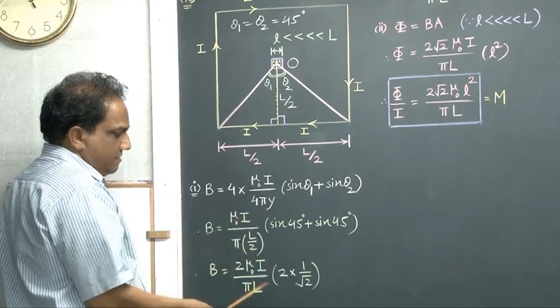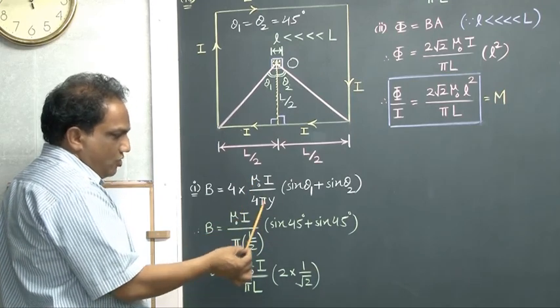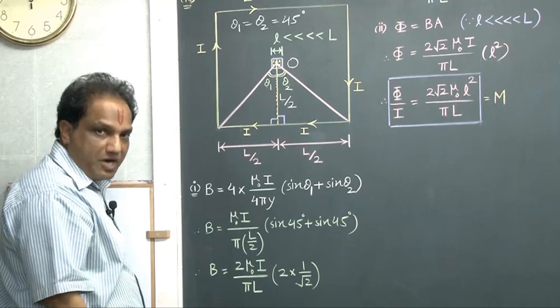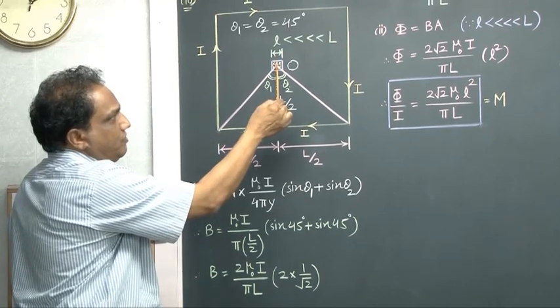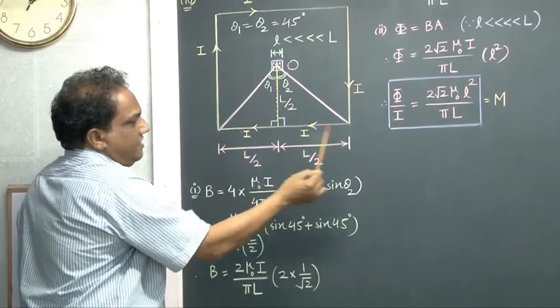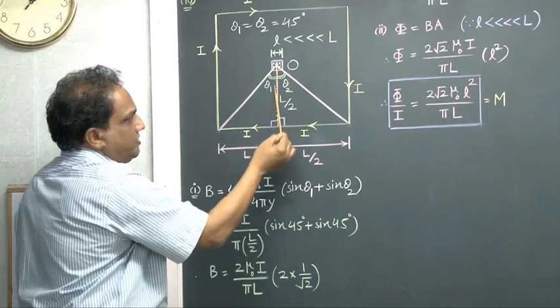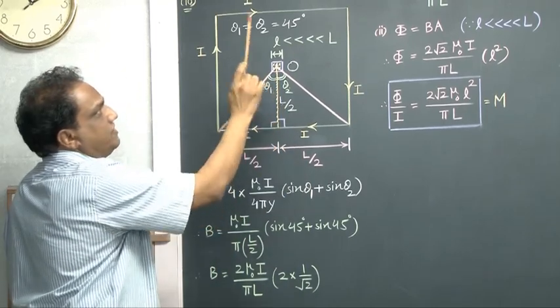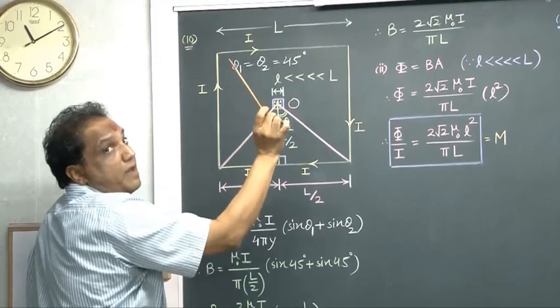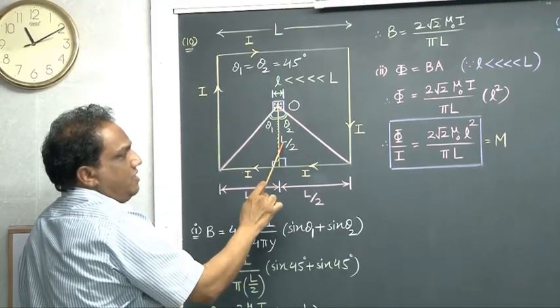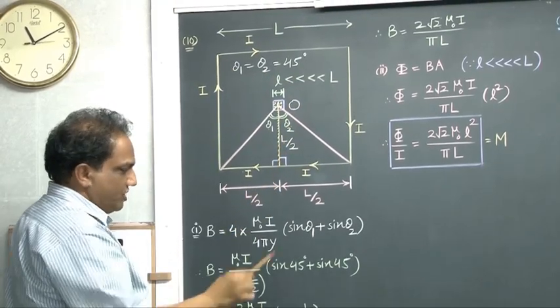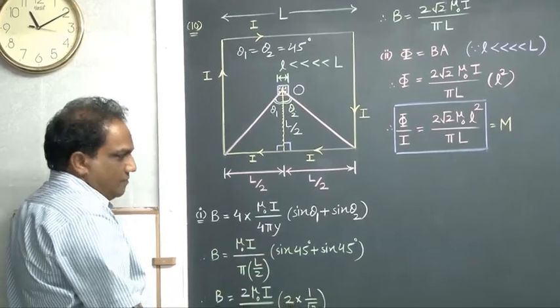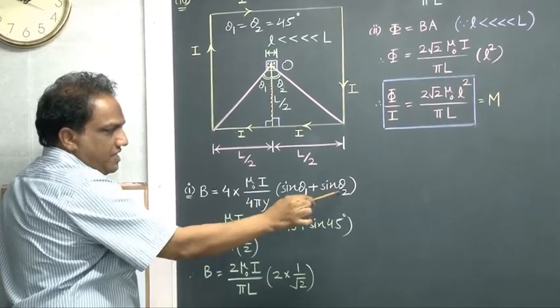Giving you mu 0 I upon pi y. What is y? Perpendicular distance. The perpendicular distance of this point from this side is half of this side length, half of capital L. So I am writing here L by 2, into sin theta 1 plus sin theta 2.